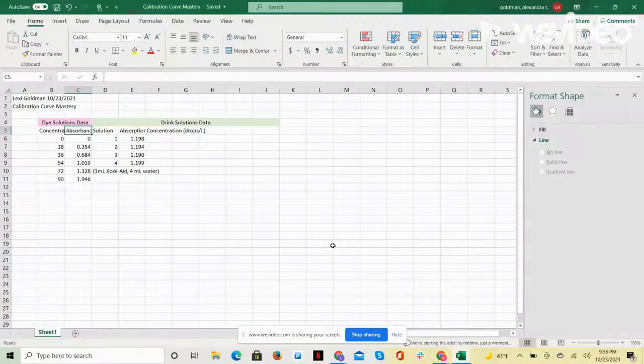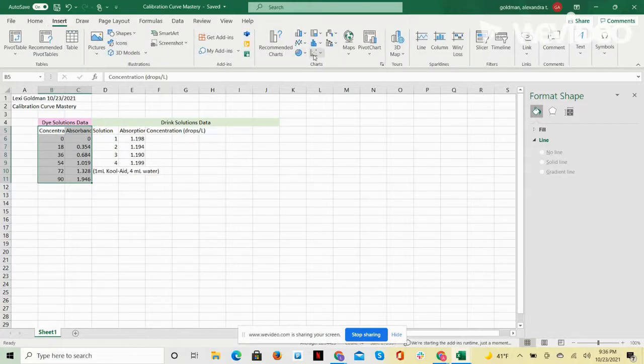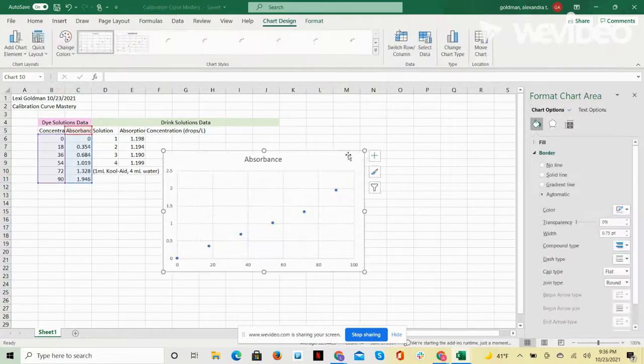In this video, I will be demonstrating how to make a calibration curve. To make my calibration curve, I will be using my dye solutions data. The independent variable is concentration in drops per liter. This will be listed on the x-axis. The dependent variable is absorbance. This will be listed on the y-axis. To begin, I must highlight all of my data, go to Insert, Charts, and Scatter.